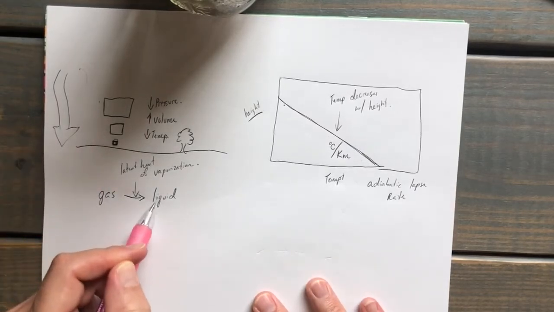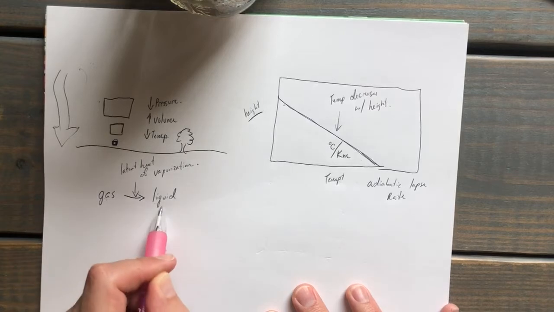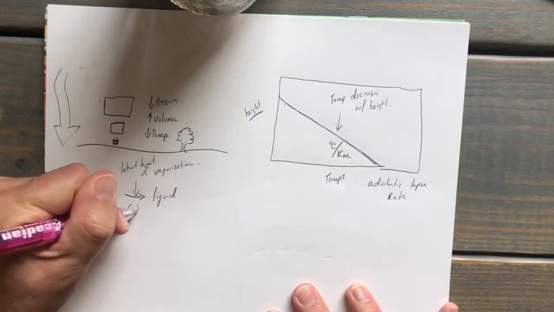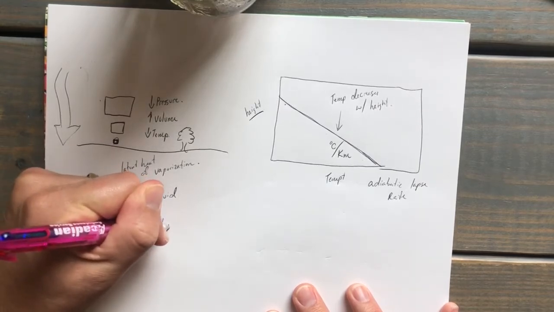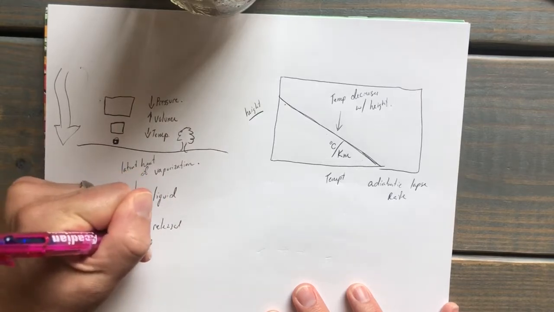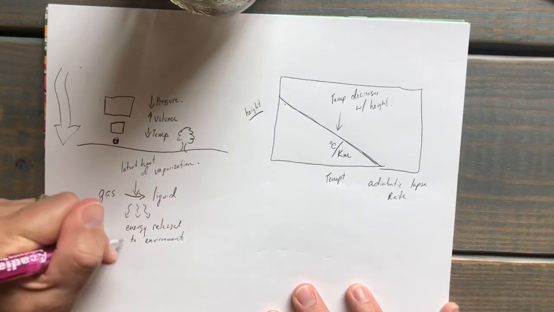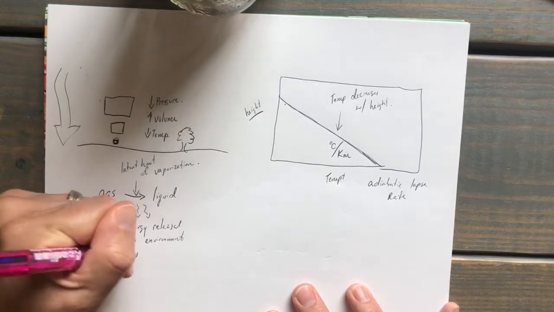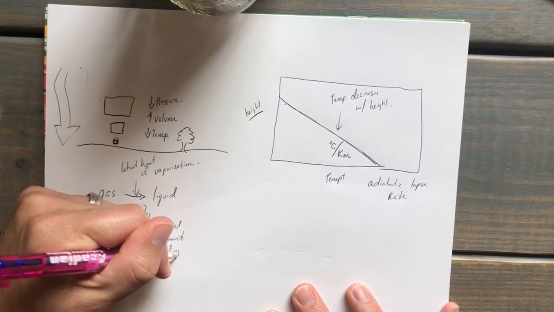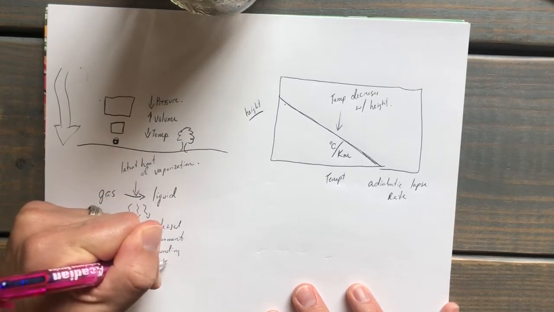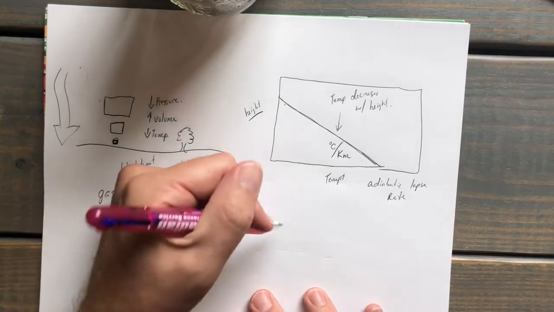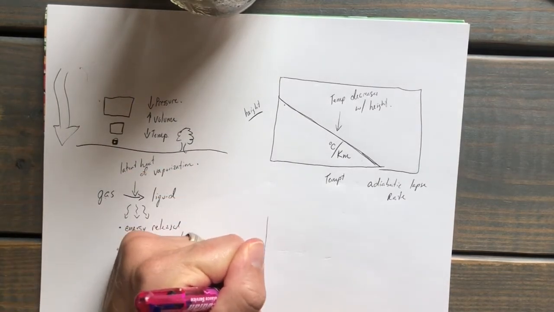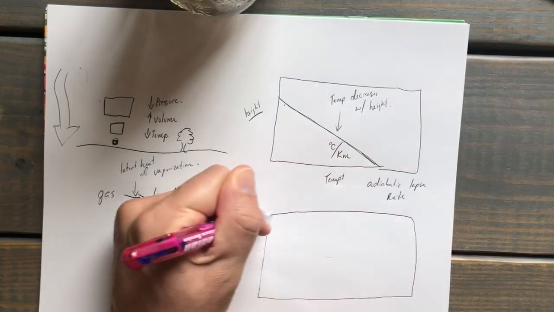The conversion of gas to liquid, because gas is higher energy and liquid is lower energy, means that energy is released to the environment, so the surrounding air heats up. So that has implications with respect to the lapse rates.